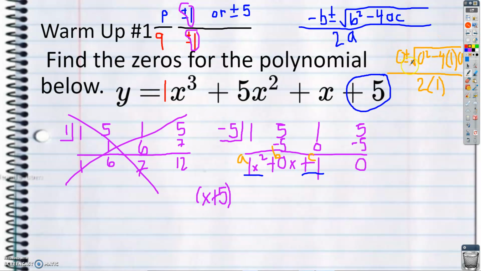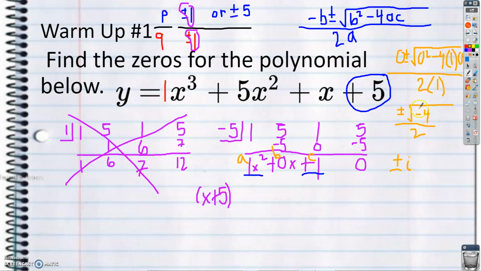So now if I simplify that further, that's 0 plus or minus, so it's just plus or minus the square root, and then 0 squared is 0, minus 4 times 1 times 1, so that's just negative 4, all over 2. And then I know that I can't have this negative under the square root.